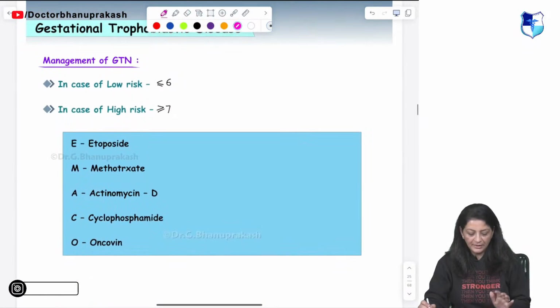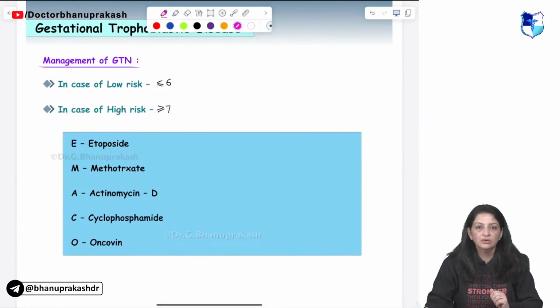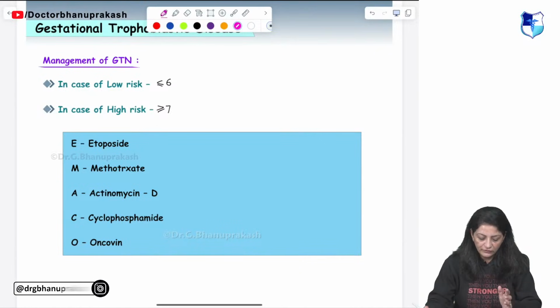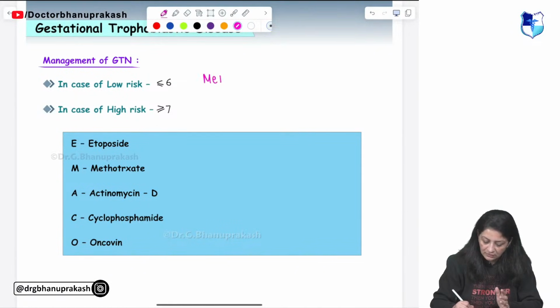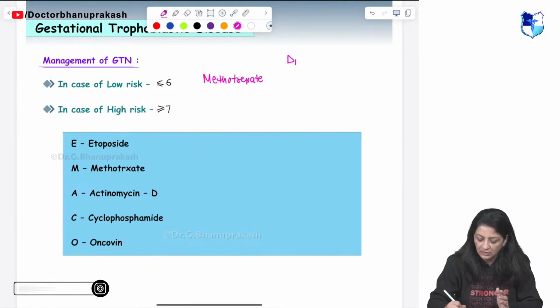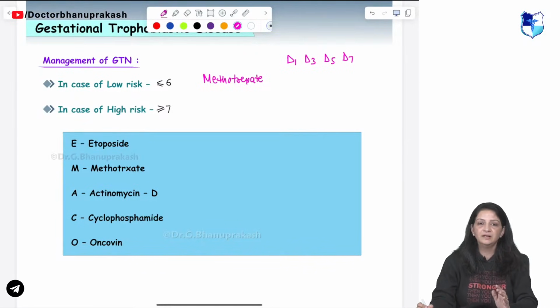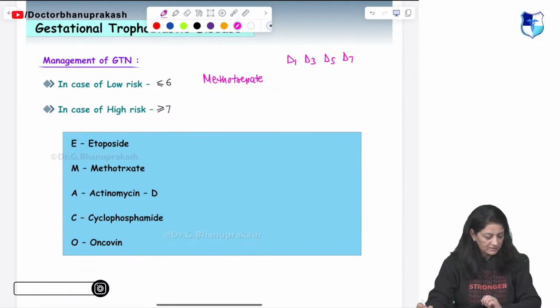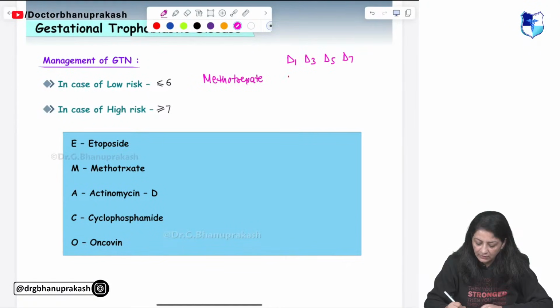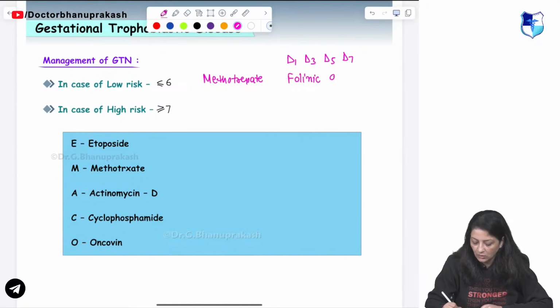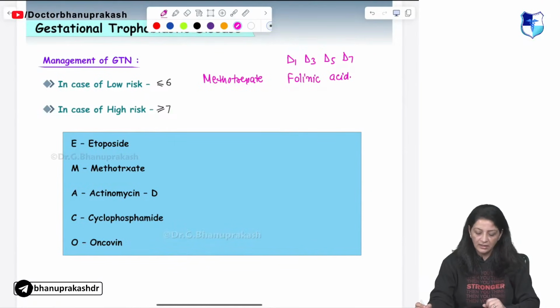Clear? Now, management of GTN. So, management is divided by a scoring system. If the score is less than 6, it means low risk GTN. Then the drug of choice is methotrexate, on day 1, day 3, day 5 and day 7, multi-dose methotrexate alternating with folinic acid.